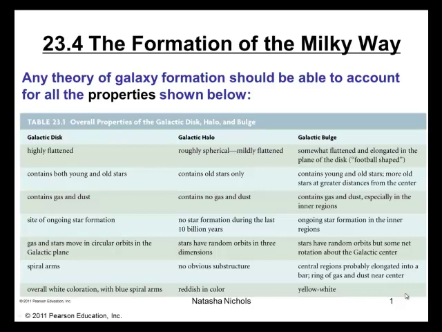Galactic bulge, its central regions are probably elongated into a bar. There is a ring of gas and dust near the center. It is yellow-whitish in color, and the stars have random orbits, but some net rotation about the galactic center does exist. So any kind of galaxy formation theory that we come up with has to be able to explain all these properties.